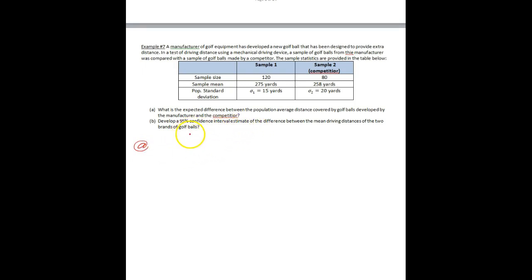What is the expected value of x sub 1? It is 275. And the expected value of x sub 2 is 258.